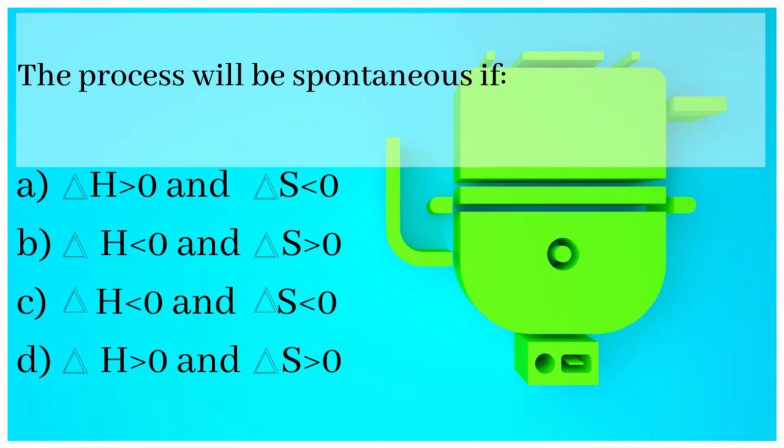Now moving on to the next question, it says a process will be spontaneous at all temperatures if, and there are 4 categories to support it. So whenever you are preparing for a competitive exam, one thing you should keep in mind is we cannot go through all the formulas at the same time, all the options at the same time. Because if we start thinking about each and every option in the deepest level, then there are maximum chances that you will get confused.